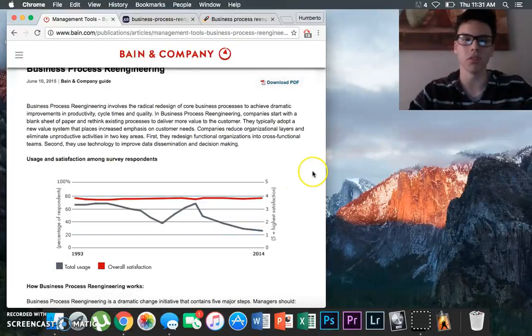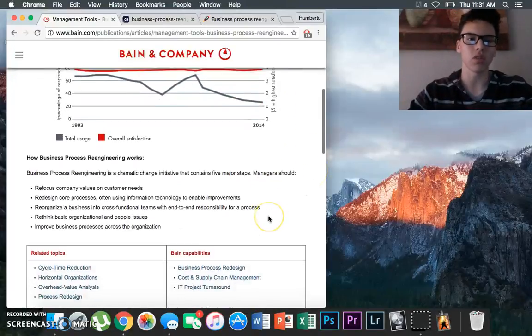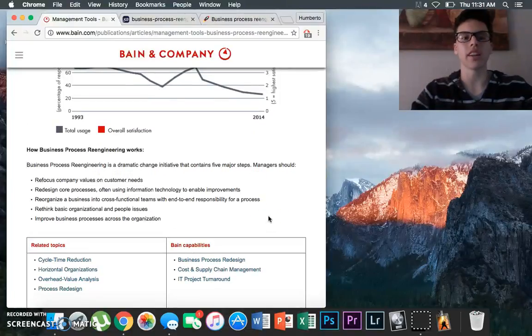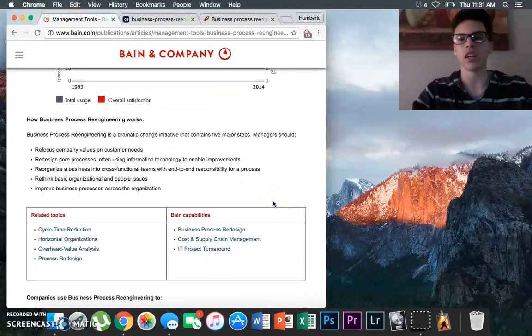As we scroll down further, we also see a headline that states how business process reengineering works. Mainly it talks about how managers should benefit from it and things that they should look upon. We see some bullet points right here. Let's read the first one. It says refocus company values on customer needs.